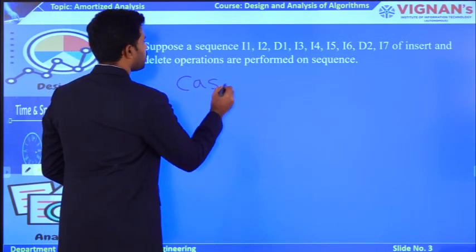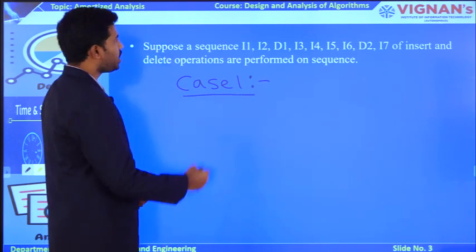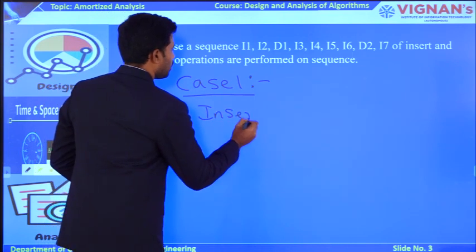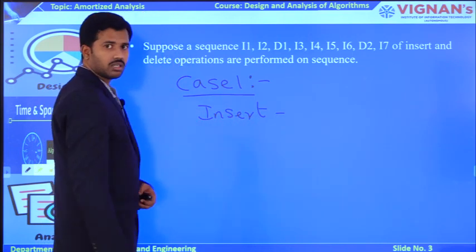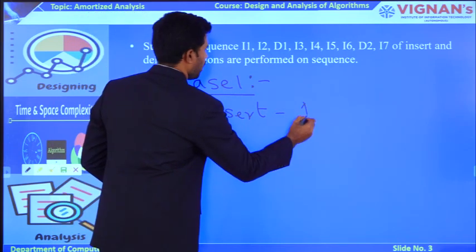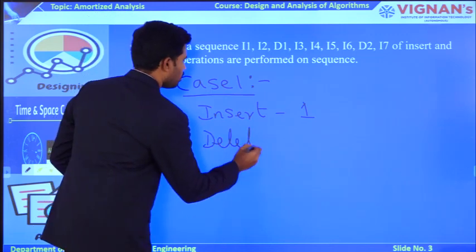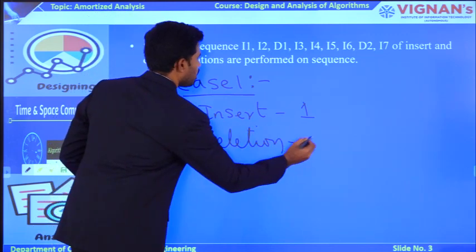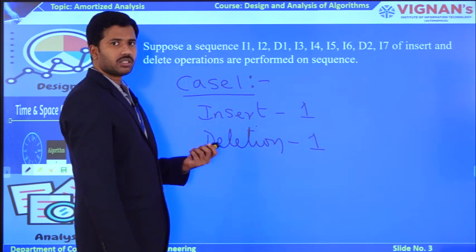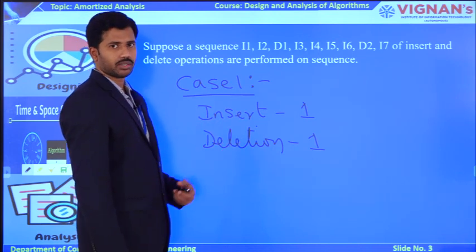First, observe the case 1 analysis. In case 1, I am assuming that insertion takes an actual cost of 1, and the deletion operation also takes an actual cost of 1. Actual cost means the cost needed to apply that operation.